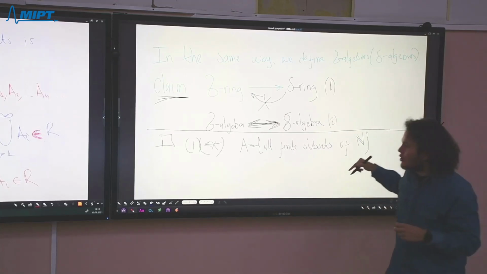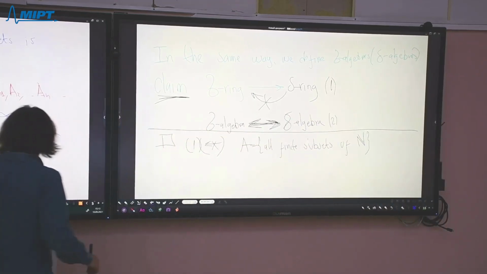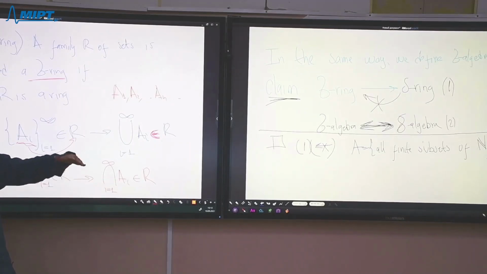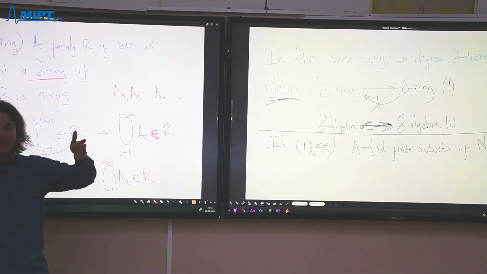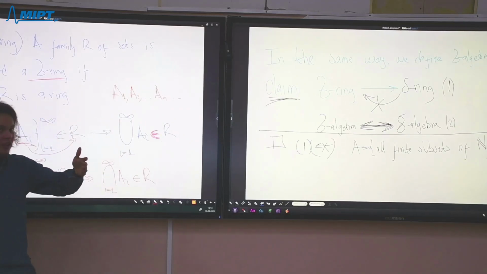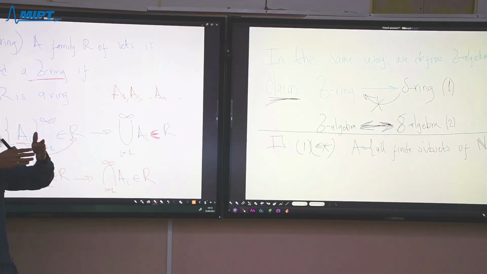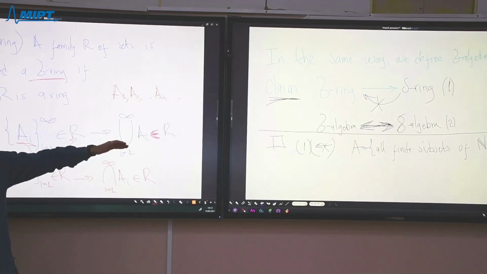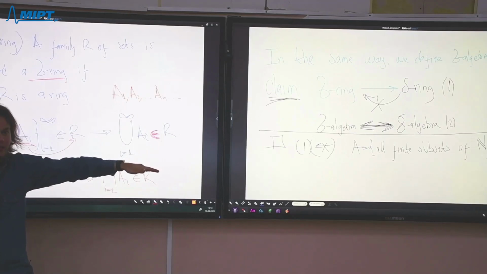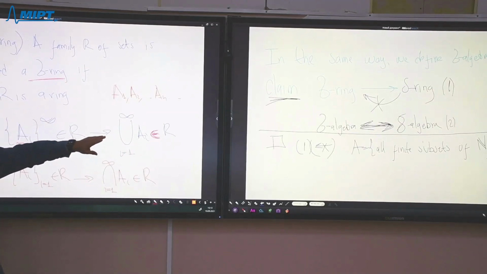Yes, because the intersection of any two finite subsets of the natural numbers is a finite subset of the natural numbers. For example, take the set {1, 2, 3} and the set {1, 2, 3, 4, 5}. The intersection is {1, 2, 3}, and this is an element of A. So we can easily show that this is a delta ring.